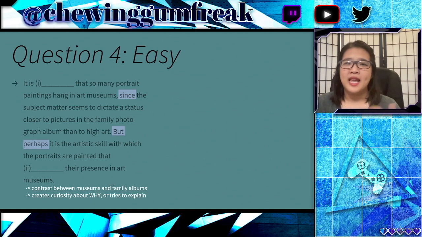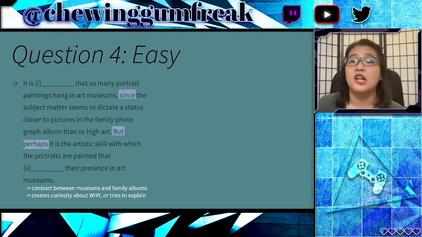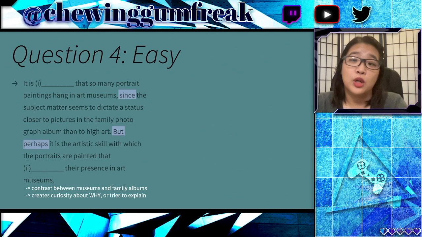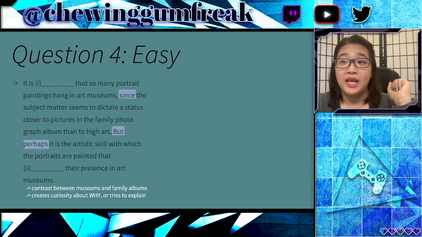So we say that portrait paintings hang in art museums, but their status seems to not align with that. And then we have a sort of attempted explanation in the second sentence saying, but perhaps it's the artistic skill. So that gives us a good insight into the kind of word that we're looking to fill those blanks.